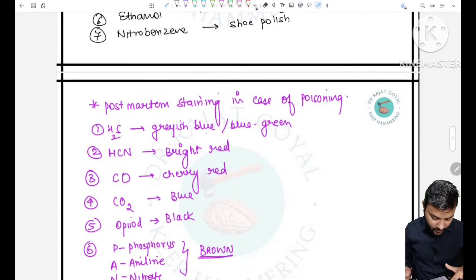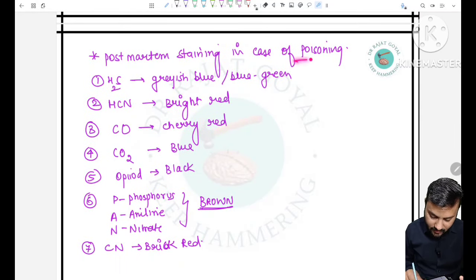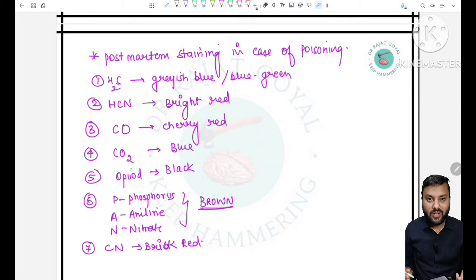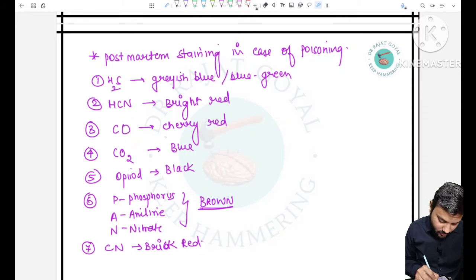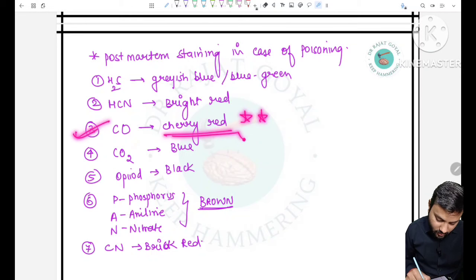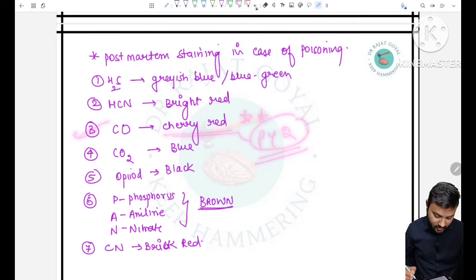Now postmortem staining in the case of poisoning. If we talk about postmortem staining, then they are also added in many exams. So cherry red staining is a very frequently asked question, and it is seen in carbon monoxide poisoning.